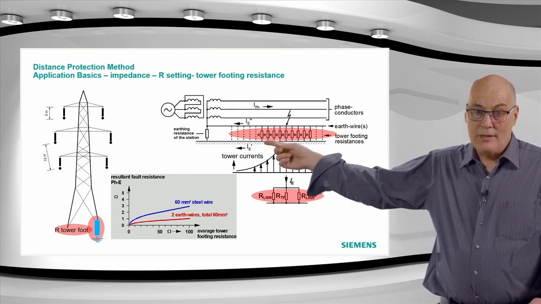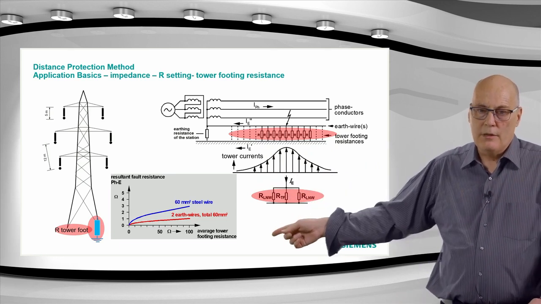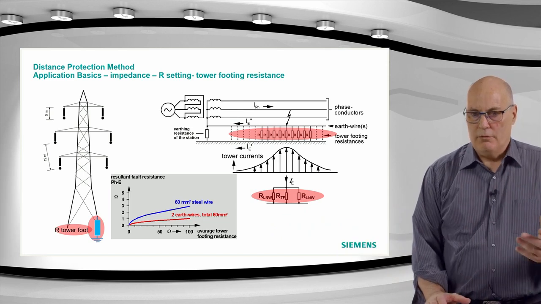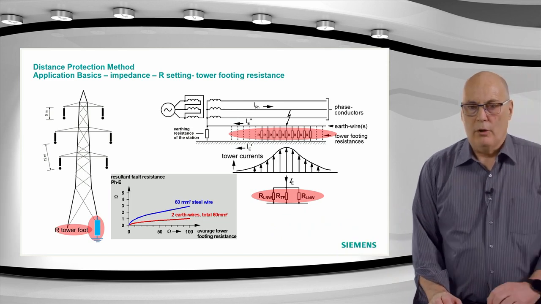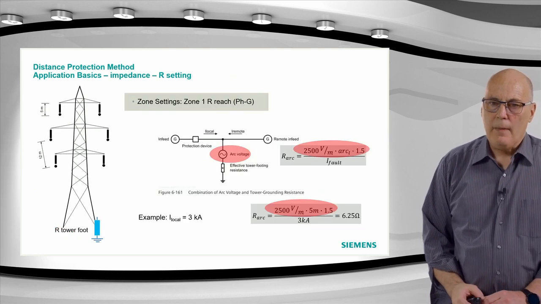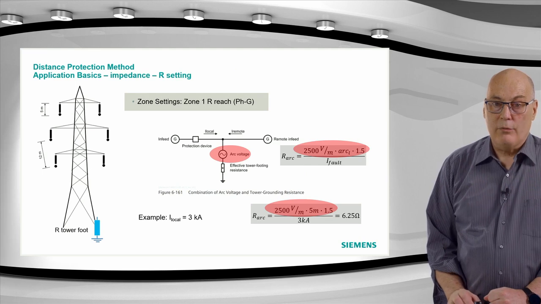Our tower has a single earth wire, so we are on the blue curve. Then based on what each tower footing resistance is, you can estimate a resistance of about 2 or 2.5 ohms for the tower footing resistance. All right, and we calculate that in our case for the tower footing resistance.